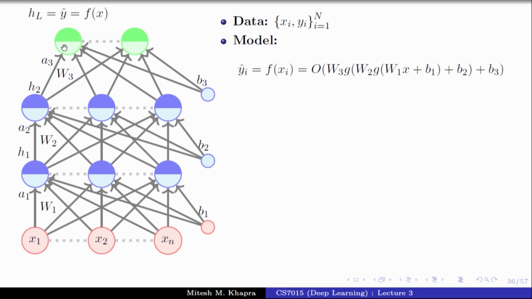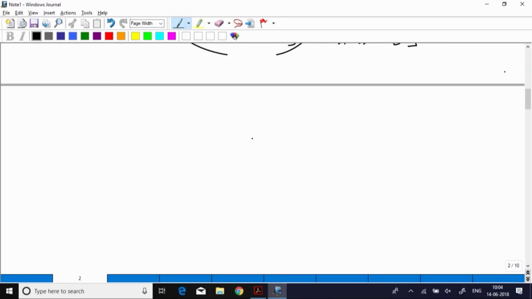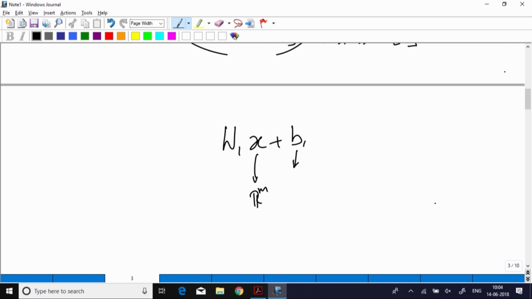Okay, so first you had X. What was the dimension of X? R^m in general. In this specific case, I had taken m equal to 900. Then you did this operation. Tell me the dimensions here. Let's assume that you had the input layer which had 900 pixels, so dimension was 900.